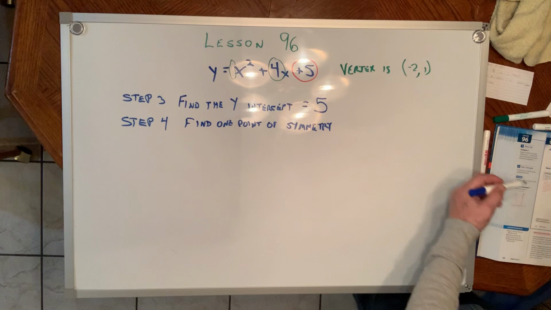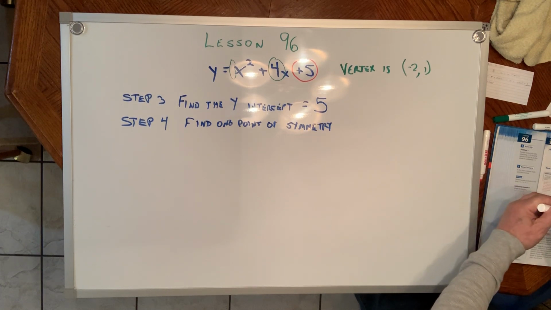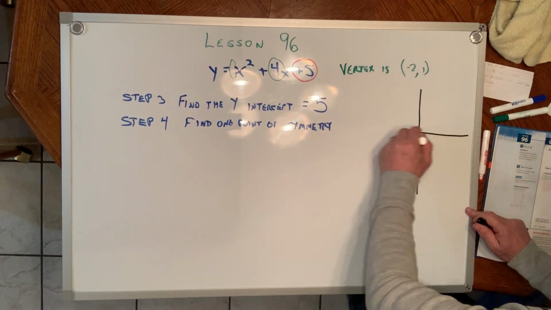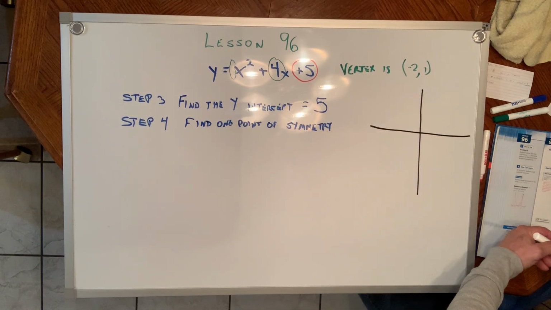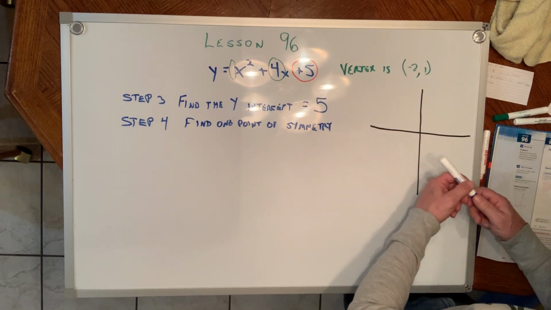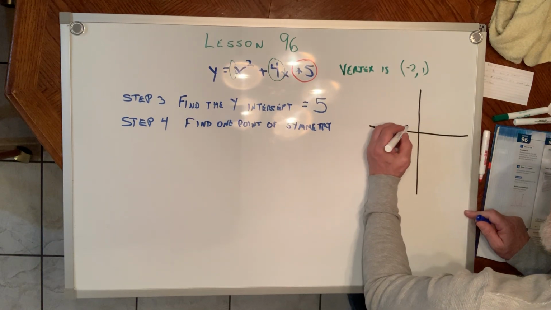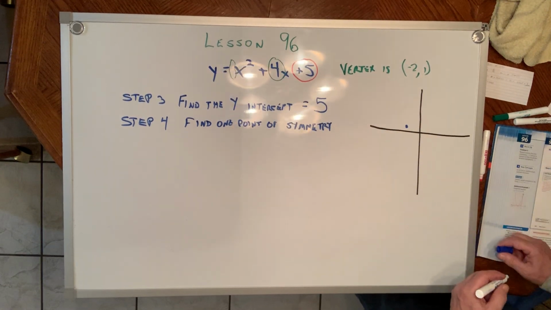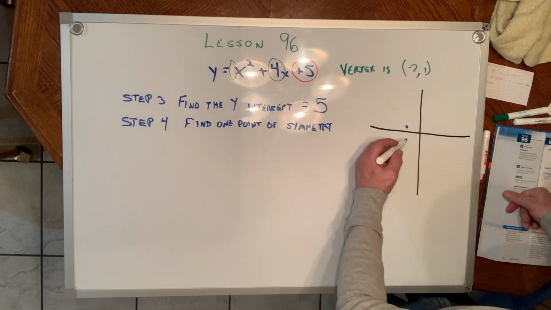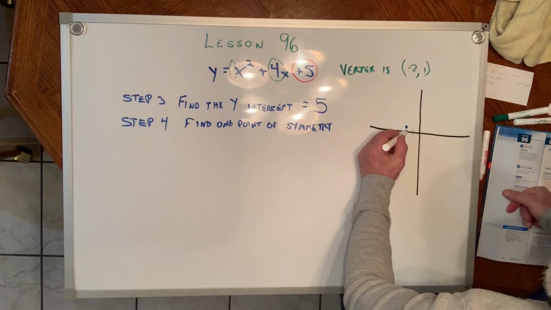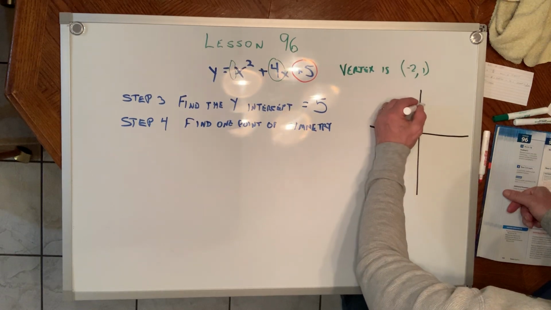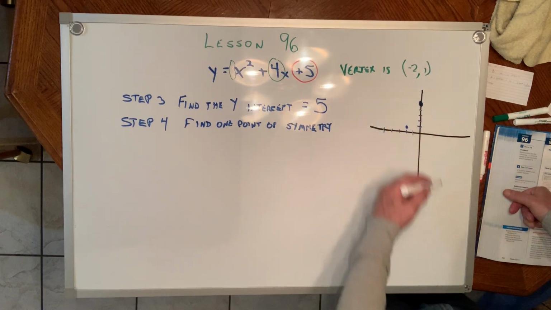If you were going to graph this thing, which we are, we have a little bit that we know already. Okay, I'm just going to kind of go like this. We know that the vertex is at -2, 1. So we put it somewhere right about here. Okay? And we know that the y-intercept is going to be, if I go 1, 2, 3, 4, 5, and I go 1, 2, 3, 4, 5, right there.